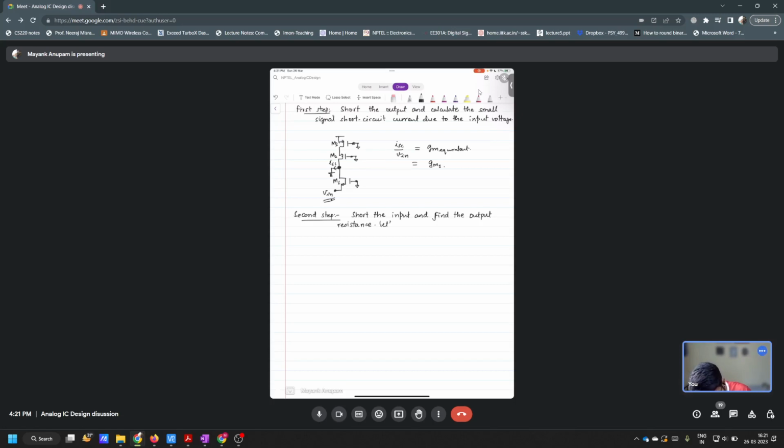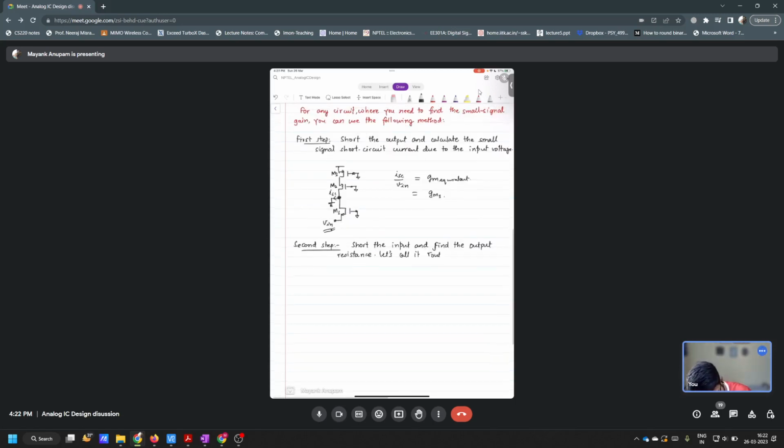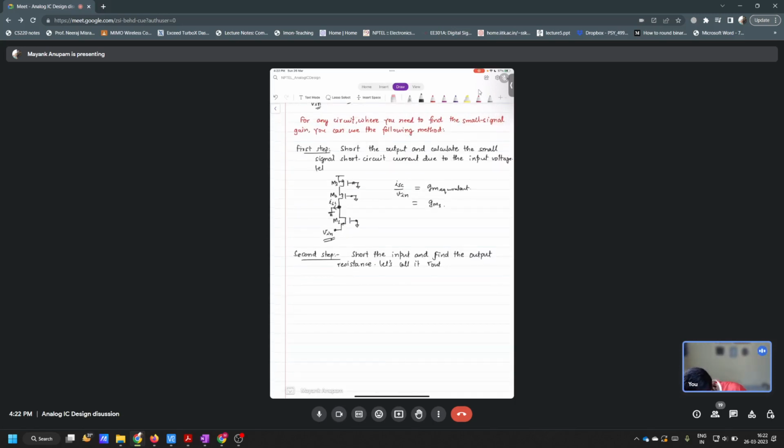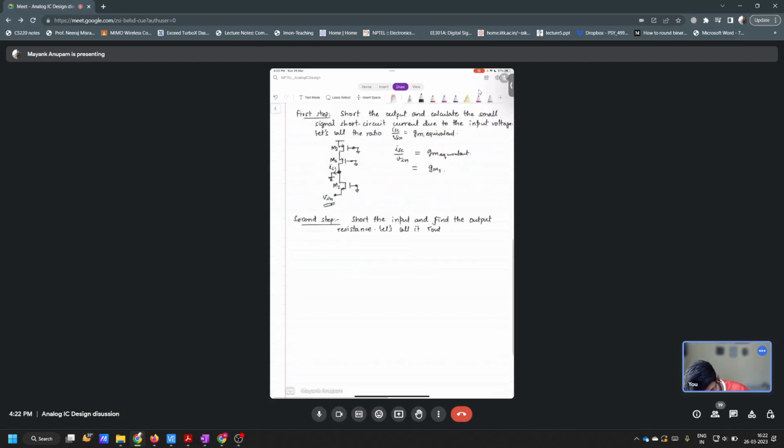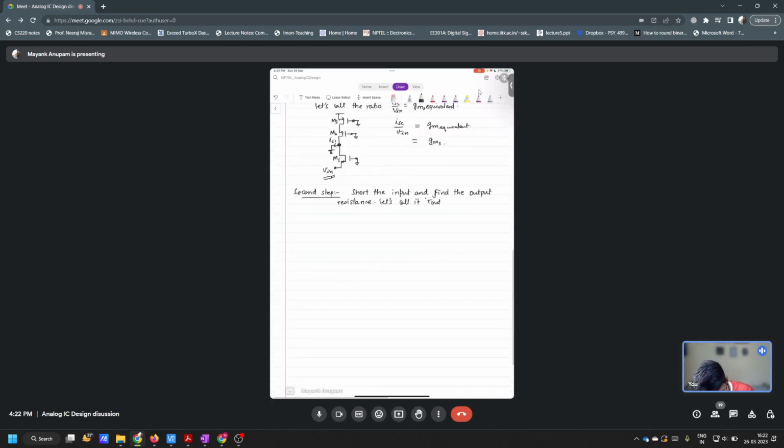Let's call it R out. And let's call the first ratio, ISC by V in, the GM equivalent. Okay, fine, and let's call this R out here.